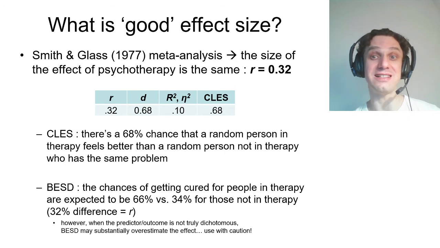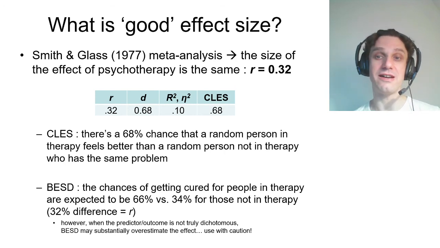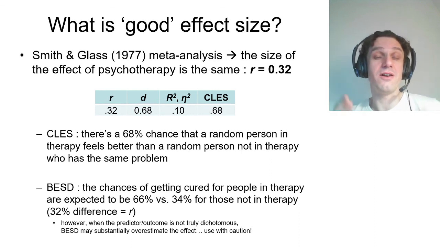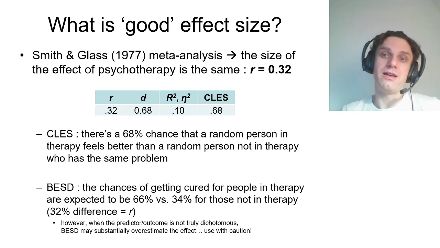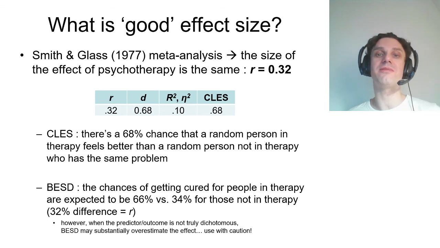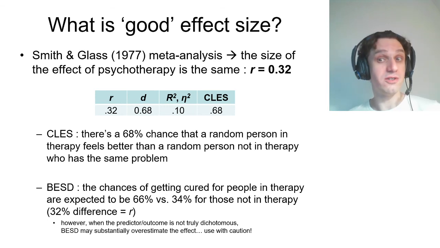And they found that across different treatments, across different outcomes, across different designs of studies, the average effect of psychotherapy, or the average correlation between being in psychotherapy for a problem and some outcome variables, was 0.32.